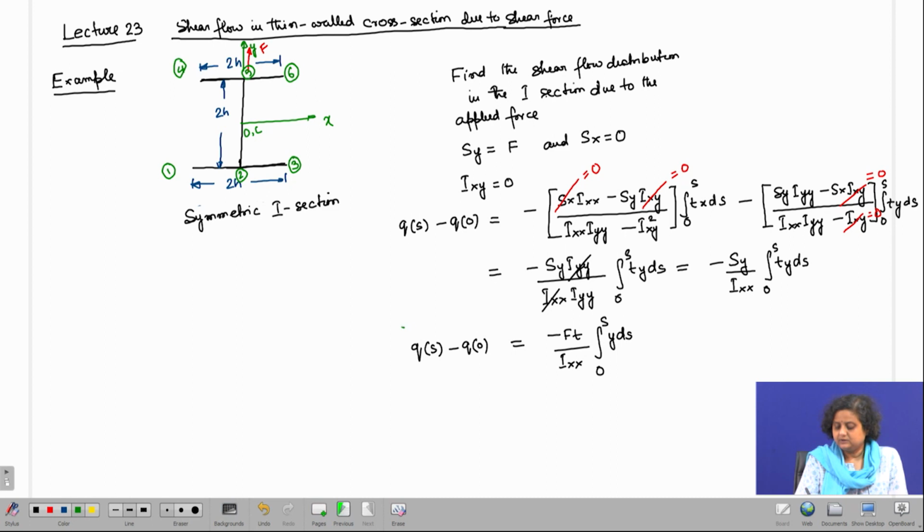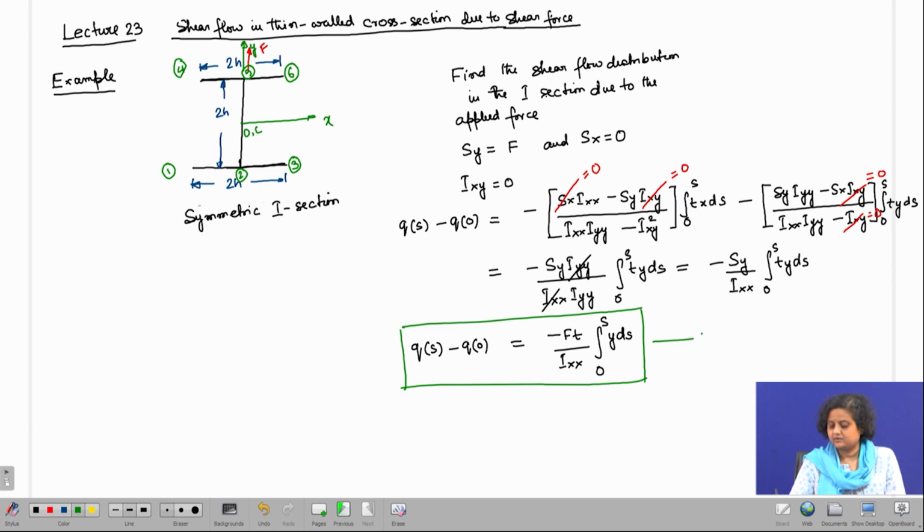So, let me call this equation 1. Therefore, we see that we do not need to find out both the sectional properties Ixx and Iyy. We need to find only Ixx and that is what is required. So, let us find out Ixx for the given cross section.